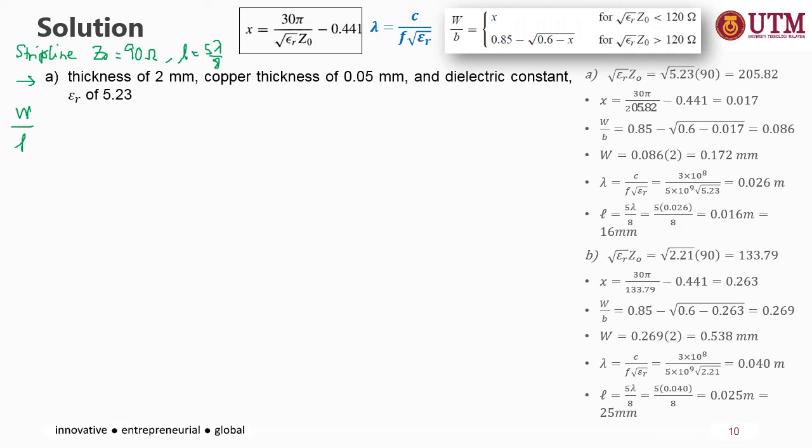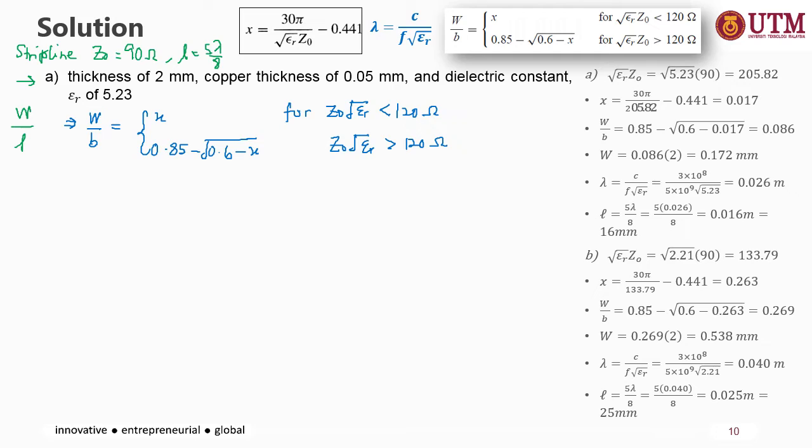Firstly, the one related to the width is from the ratio of W over B, in which it is equal to x, or 0.85 minus the square root of 0.6 minus x, for Z0 square root of epsilon r less than 120 ohm, or for Z0 square root of epsilon r larger than 120 ohm.